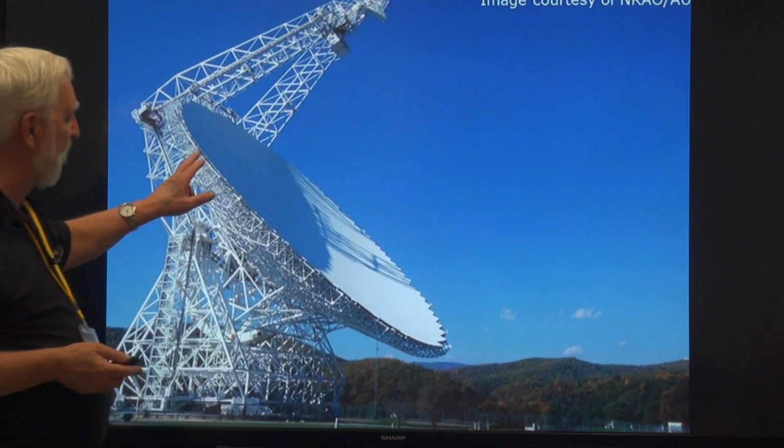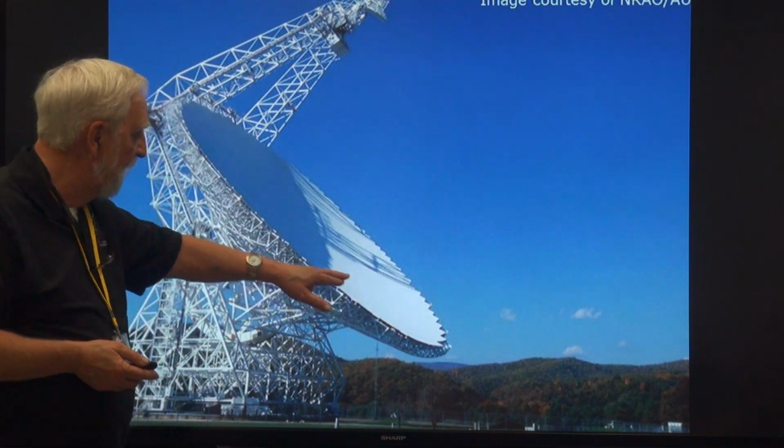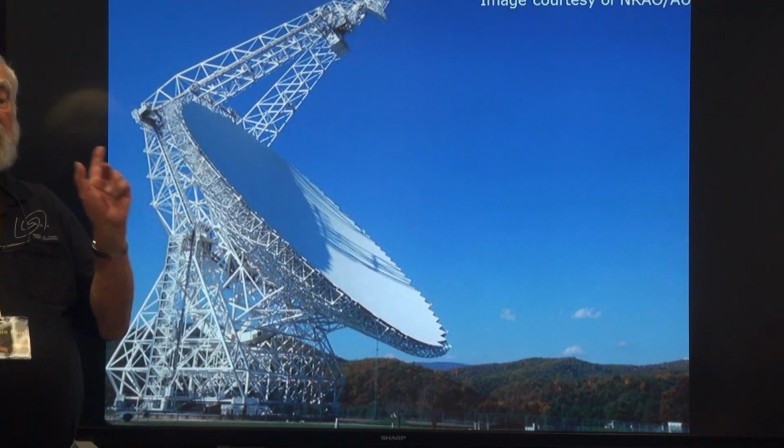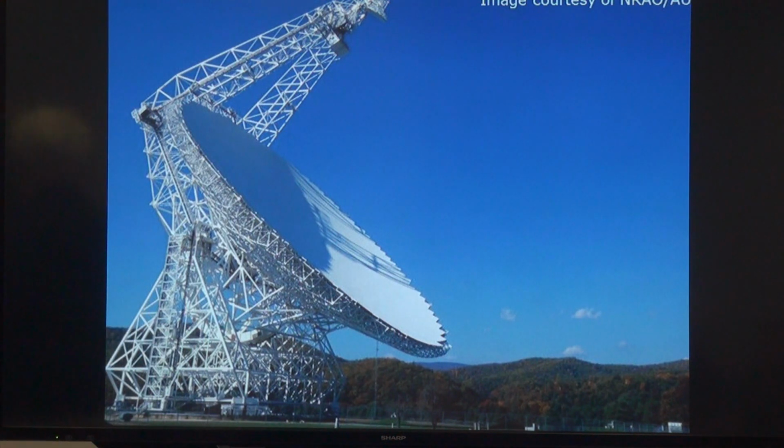As they said, there's about 500 squares in here, each about the size of a king-size bed. Every one has a motor at each corner. There are over 2,000 motors tilting these things based on laser imaging and distance to get them within 1/10 of a centimeter of exactly the right location.